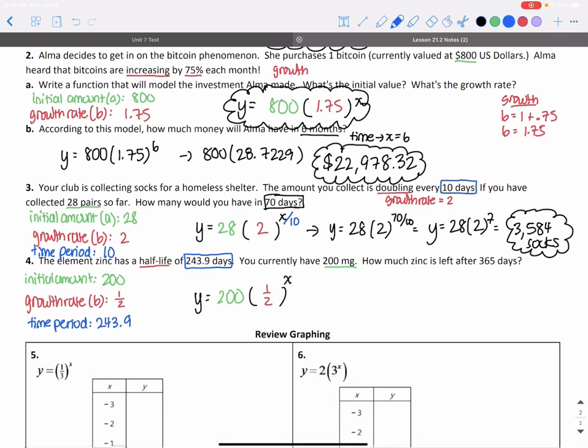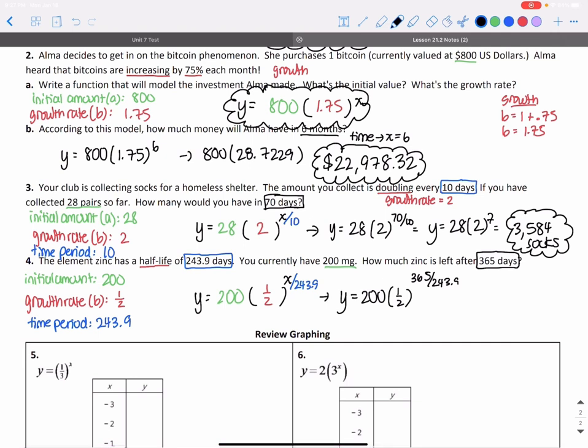And because it's not every 1 day, it's every 243.9 days, I'm going to divide whatever number of days have passed by 243.9 to find the number of time periods that have actually passed by. So I'm plugging in 365 because that's how many days have passed by, and I'll have y is equal to 200 times 1/2 to the 365 divided by 243.9.